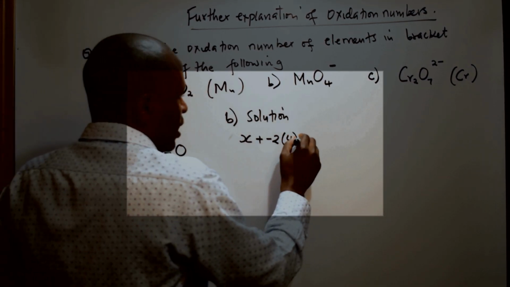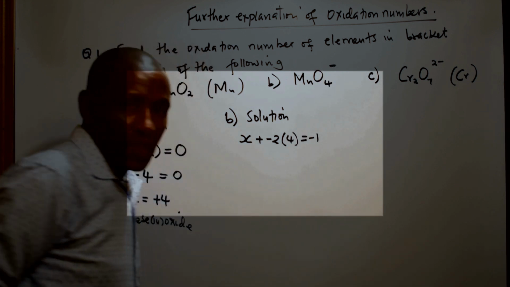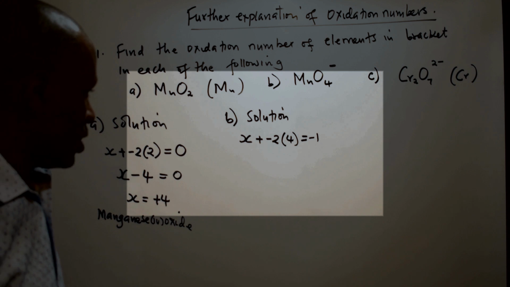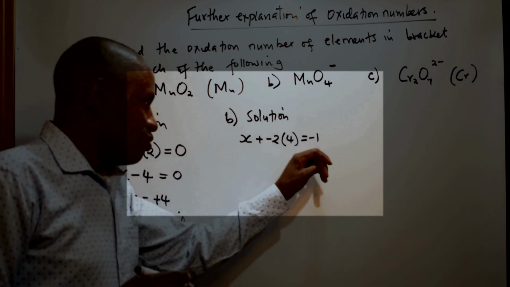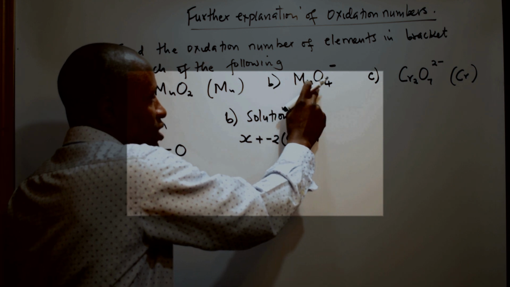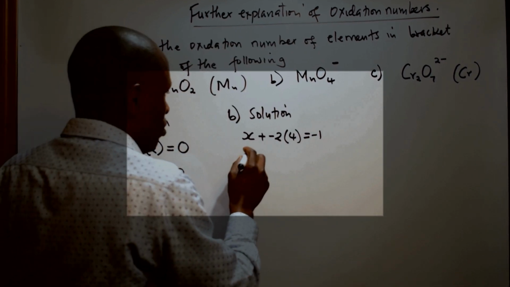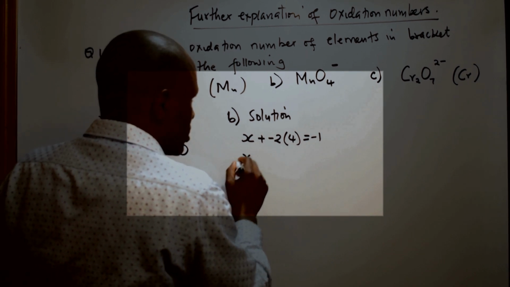And then this should be equal to -1. Don't forget, the -1 should be the sum of the oxidation numbers of these elements in an ion.